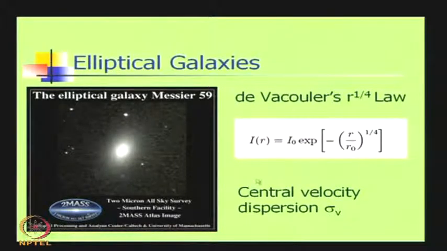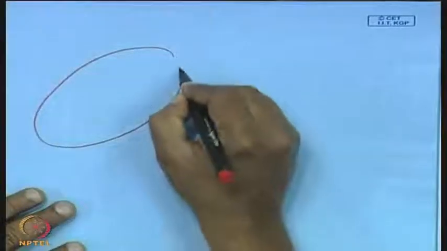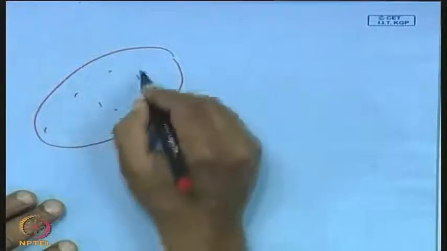Another quantity that you can measure is the central velocity dispersion, sigma v. What do we mean by velocity dispersion? This galaxy is an ellipsoid like this, let us say, and it is a collection of stars.